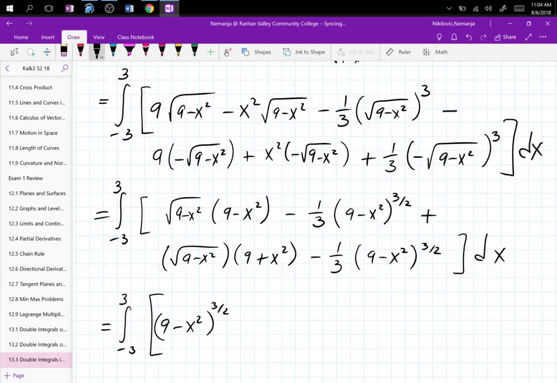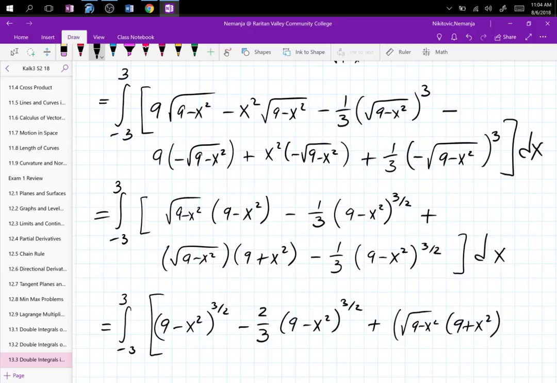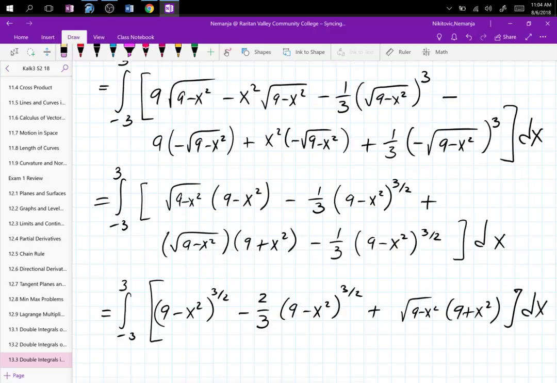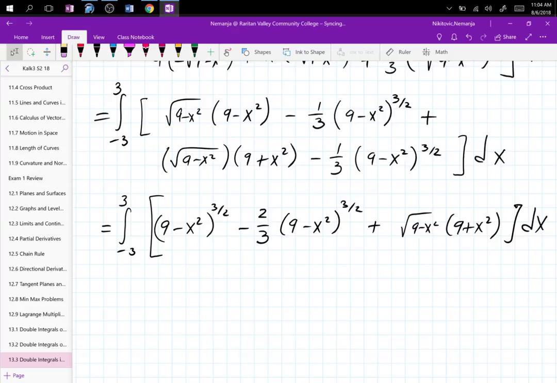That's the first one. Minus 1/3, minus 2/3, because I have two of these, minus 2/3 of 9 minus x squared to the 3/2. And I have plus, and over here I still have this square root of 9 minus x squared, 9 plus x squared, all of that dx. I need this parenthesis here. So 1 minus 2/3 is 1/3.